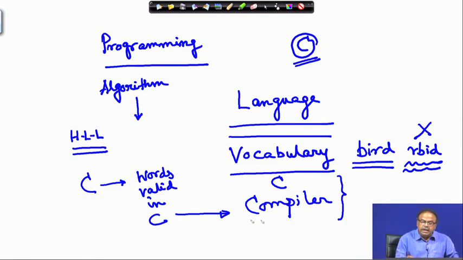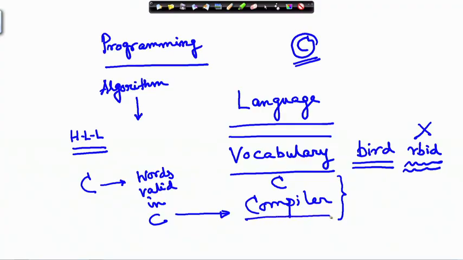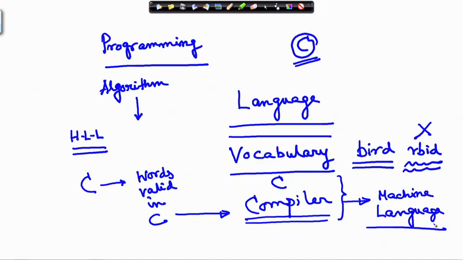Similarly, in C, if we write something, unless the compiler understands this, it will not be able to convert it to the machine language, which will be executed by the hardware or the computer, right. So, a C program must constitute of valid C words, and we will see what are the valid words and what are the rules for that.